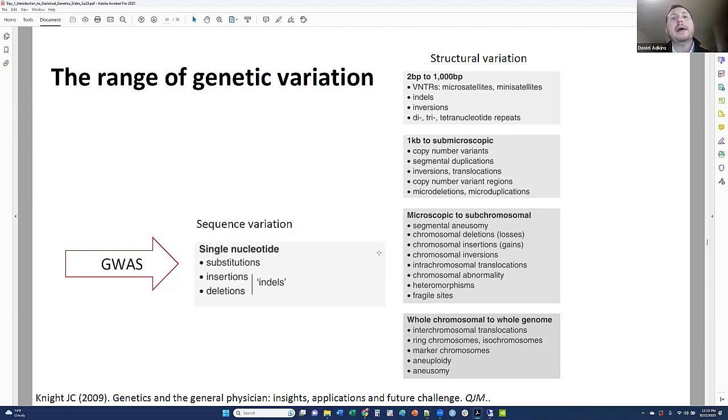But in addition to that, we also have structural variation. Statistical genetics is starting to study structural variation to some extent, but it has historically been the purview of medical geneticists because these are typically rare variants.